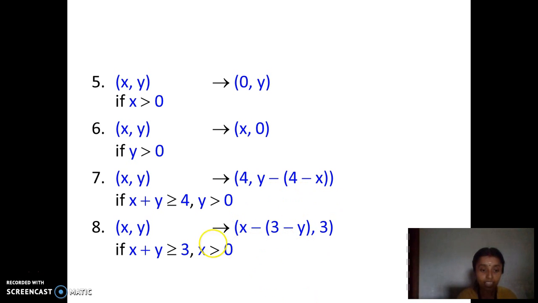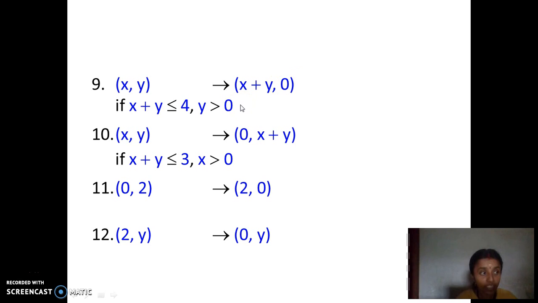Similarly, the eighth rule is that the second jug is filled to 3 gallons. There was initially 3 minus y space empty in the y jug. The initial amount of water in the x jug is x. Hence, x minus (3 minus y) is the leftover amount of water in the first jug.